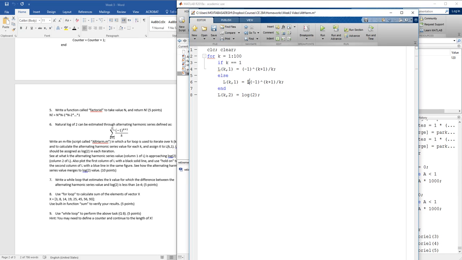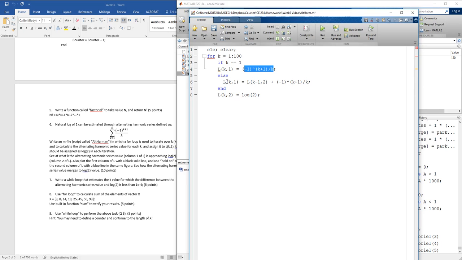So that would be L of k minus 1 comma 2 plus the new element. So see, this is the summation of all elements, right? So k equal to 1, we have an element. K equal to 2, we have an element. K equal to 3, we have an element. We are going to add all those elements up to get the summation, right? So if my first element is L of 1 and 1, which is the first element, then perfect.